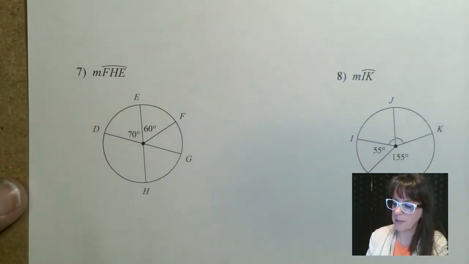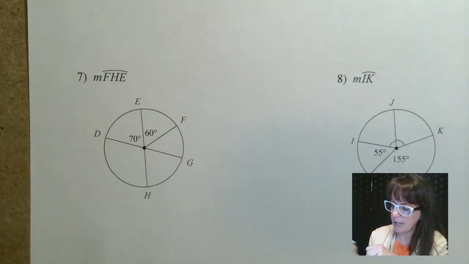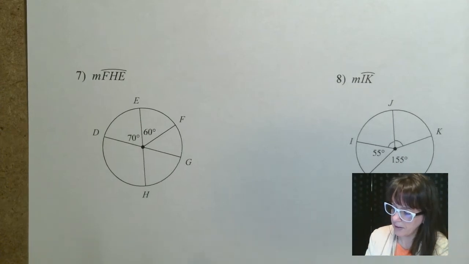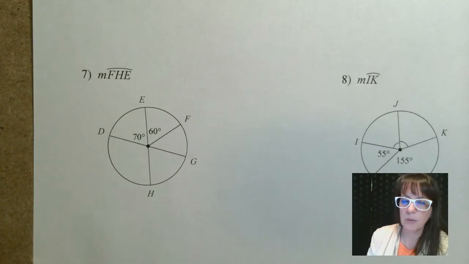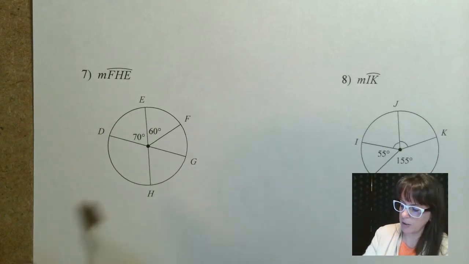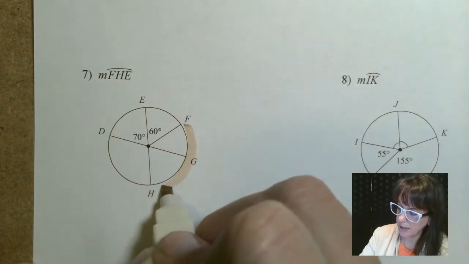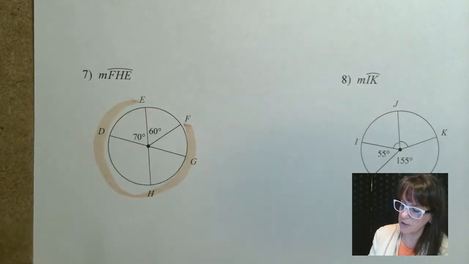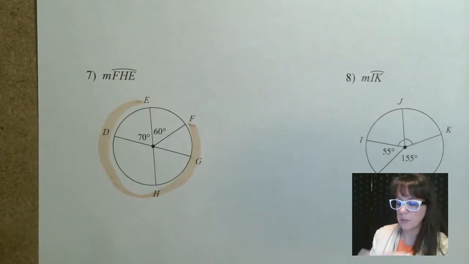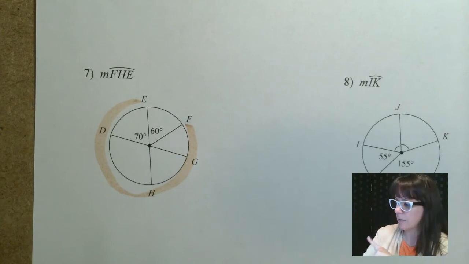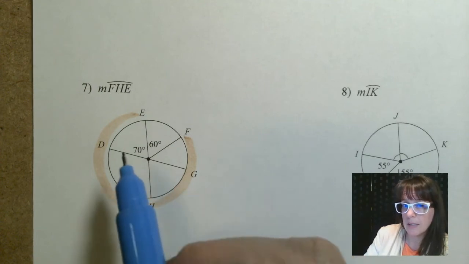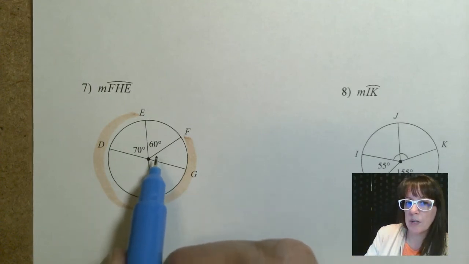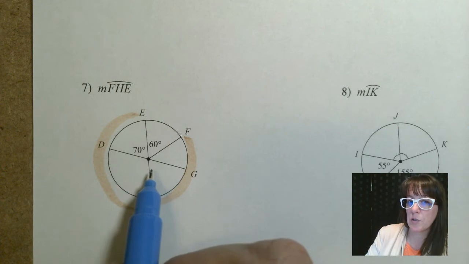All right, let's look at this. The measure of arc FHE. Okay, so because it's 3 letters, it's going to be over 180. So we're going to say FHE, just like that. Now this guy right here looks like a diameter, so it probably is, but because we don't know this one, we know these both together are going to be 120.